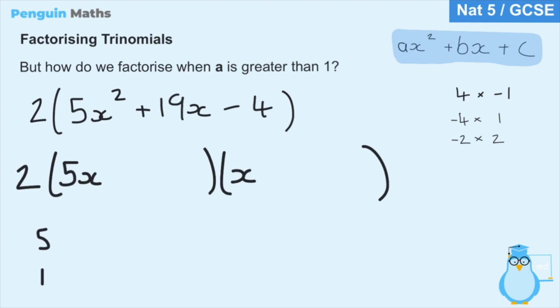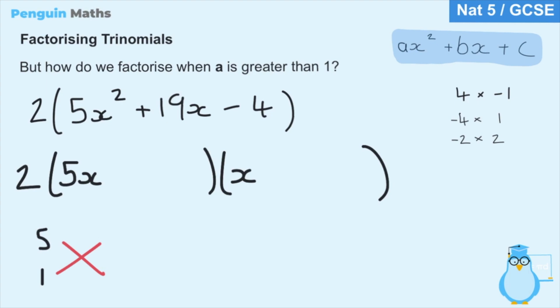And just to speed things up, it doesn't always have to be just trial and error. As you practice with these a little bit more, you start to get a sort of feeling for what a combination might be. So what I mean, for example, is we know that the options here are 4 and 1, and 2 and 2. That means we can start thinking of possible combinations that are going to give us the value of 19, okay?